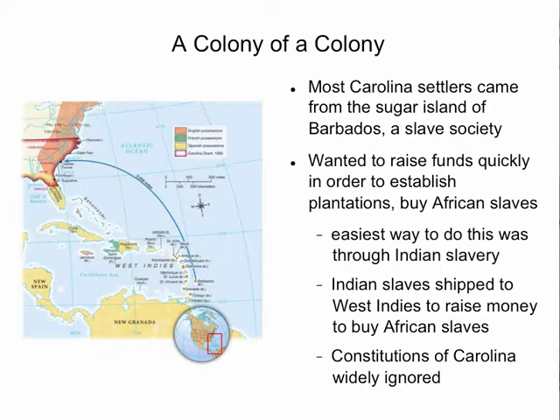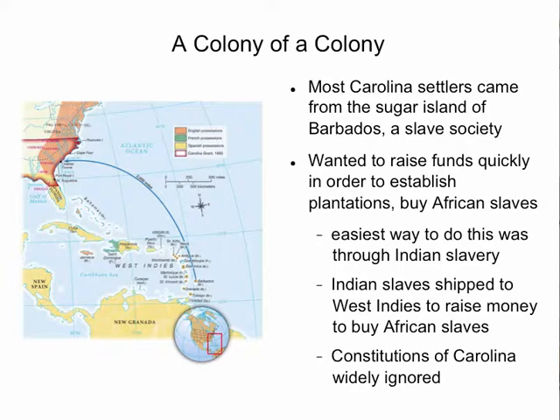Why? Well, if you think about it for a second, trying to use Indian slaves would have been very counterproductive because the Indians would have easily been able to run away and get back to their own tribe or some other tribe. They knew the forest like the back of their hand, and it was going to be very hard to keep those Indian slaves on the plantations in Carolina.